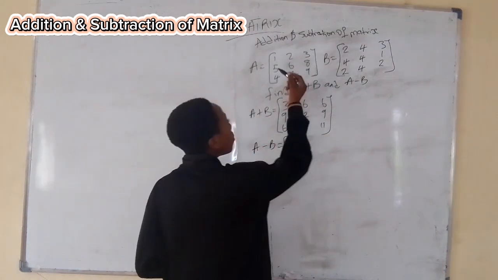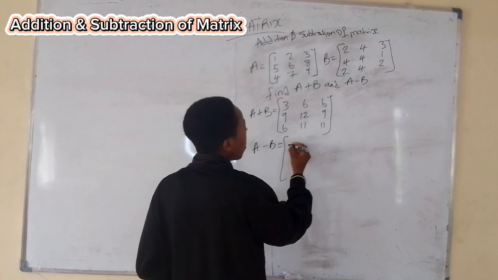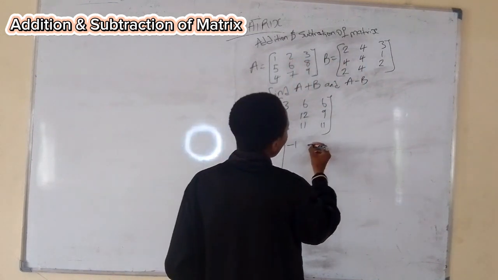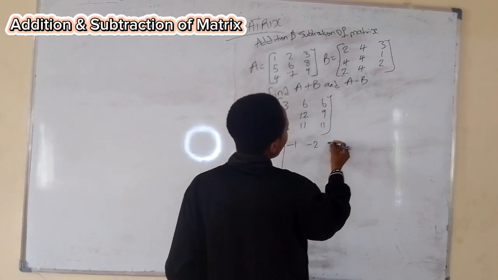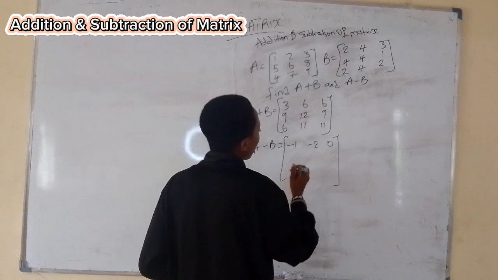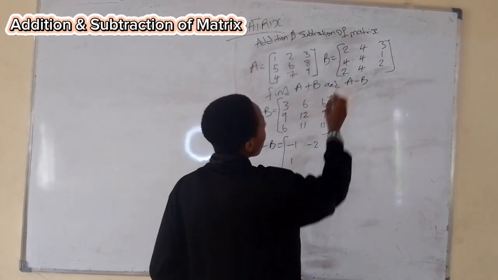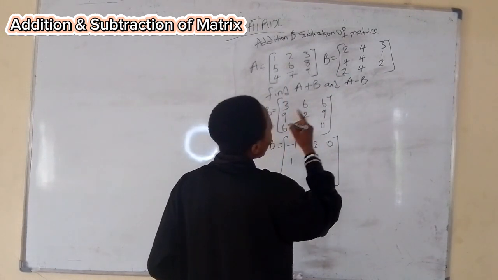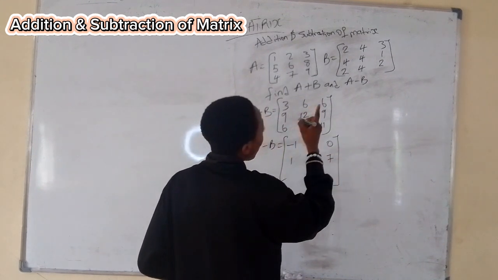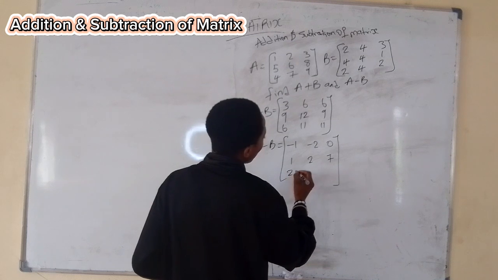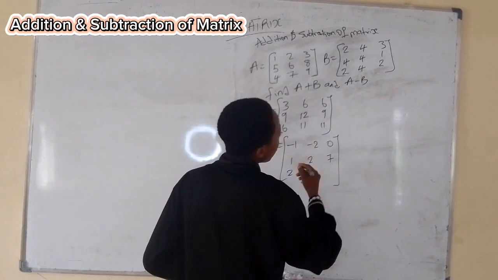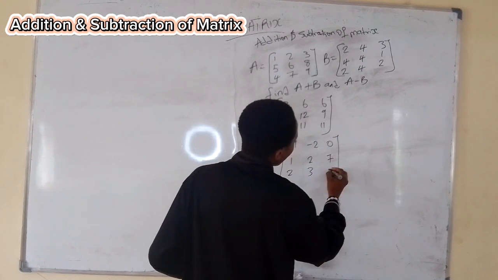So for your subtraction, 1 minus 2 gives us minus 1. 2 minus 4 gives us minus 2. 3 minus 3, 0. 5 minus 4, 1. 6 minus 4, 2. 8 minus 1, 7. 4 minus 2, 2. 7 minus 4, 3. 9 minus 2, 7.